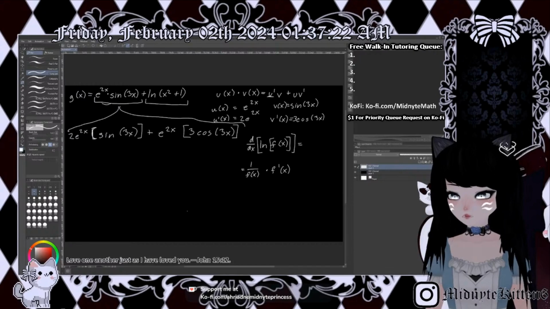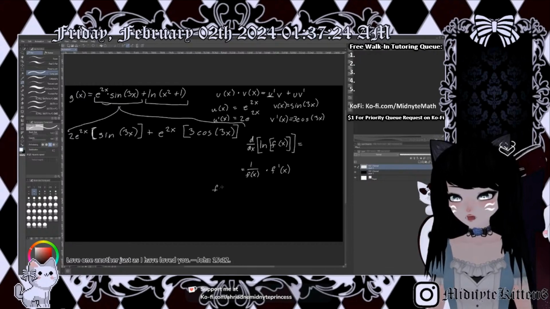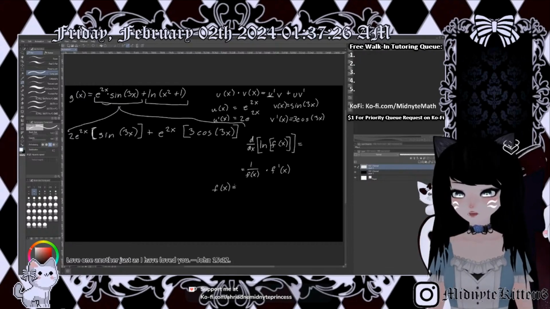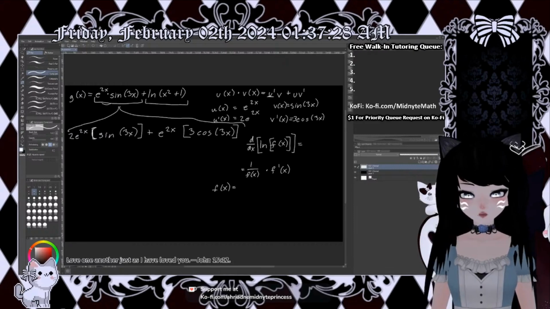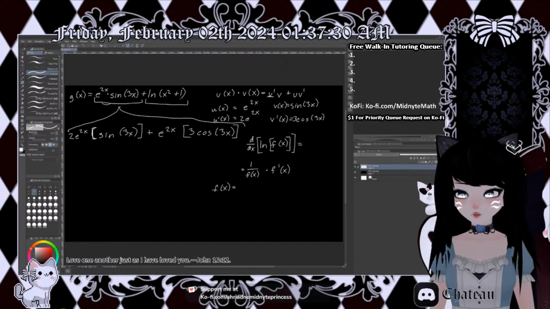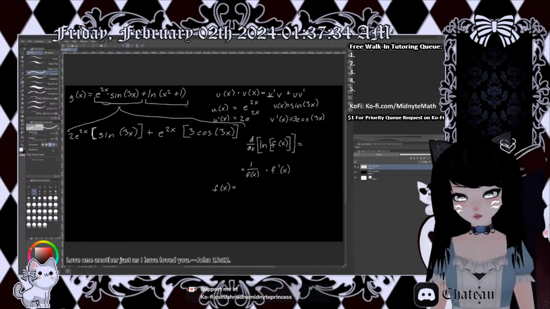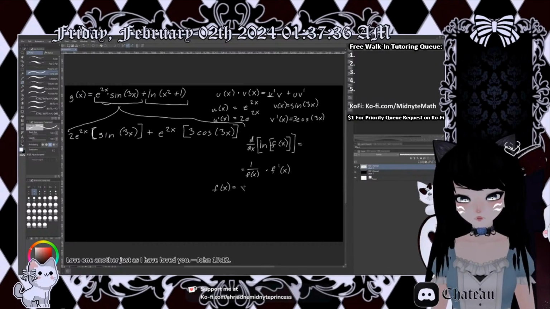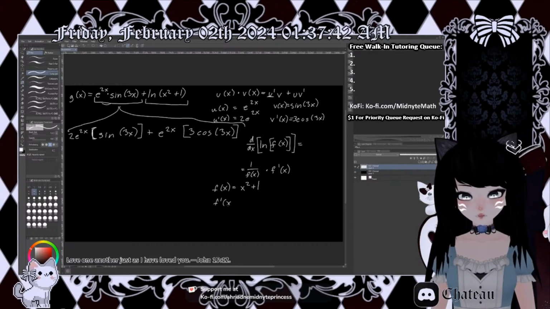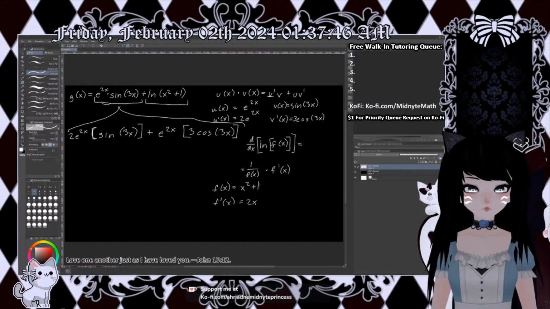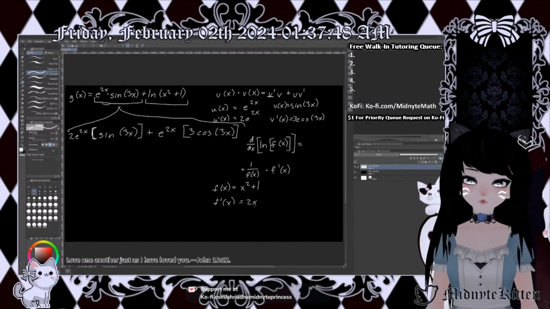In this case, we have f of x, which is what is inside of the logarithmic function, x squared plus 1. So the derivative of f of x is 2x, and then the derivative of 1 is just 0.